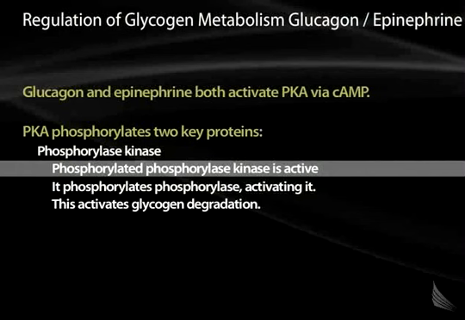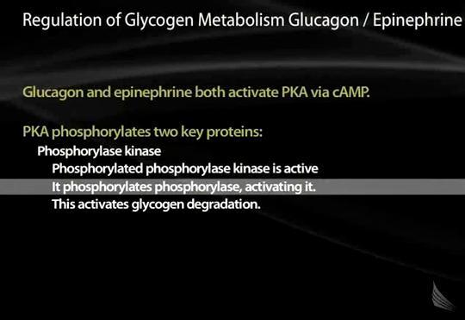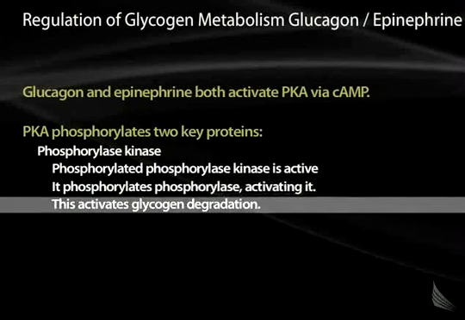And this is where it gets confusing, but phosphorylase kinase phosphorylates glycogen phosphorylase and activates it. This activates glycogen degradation. So again, the major theme is that glucagon leads to the phosphorylation of things. In this case, it phosphorylates an enzyme which phosphorylates and activates phosphorylase. And this activates glycogen degradation.